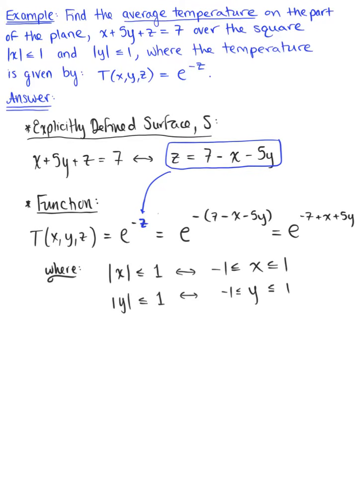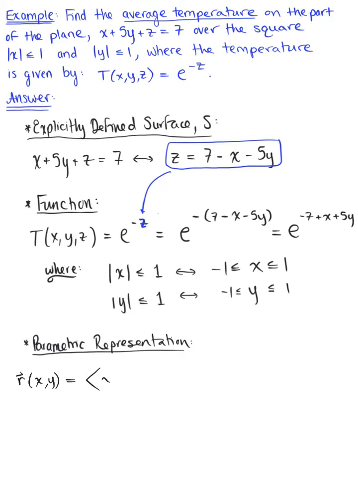So now that we have redefined our function, let's go ahead and find the parametric representation for the explicitly defined surface. We know here with an explicitly defined surface that we need to write our parameterization vector r in terms of x and y.